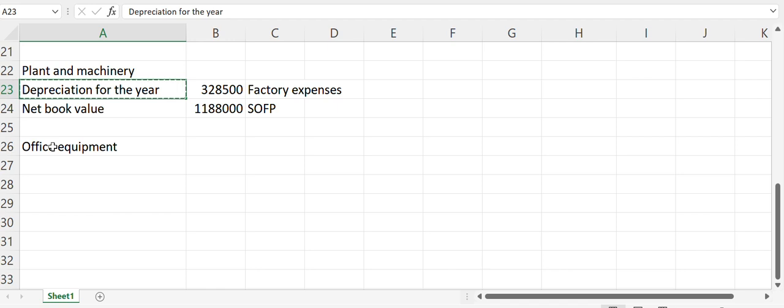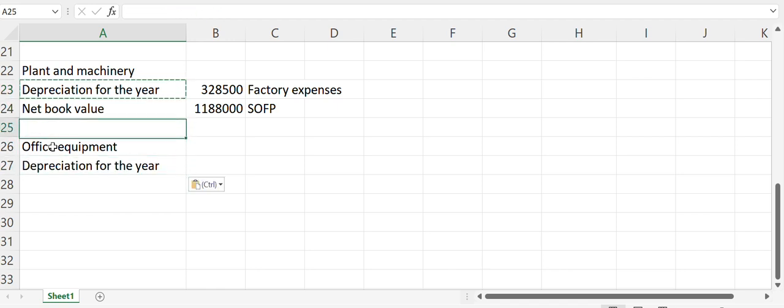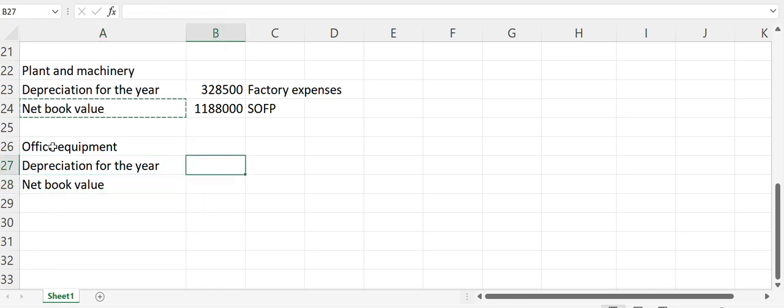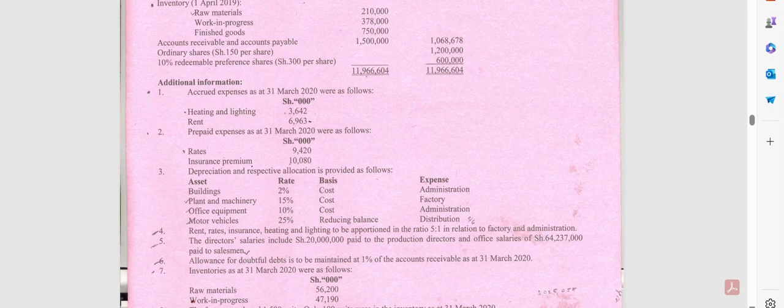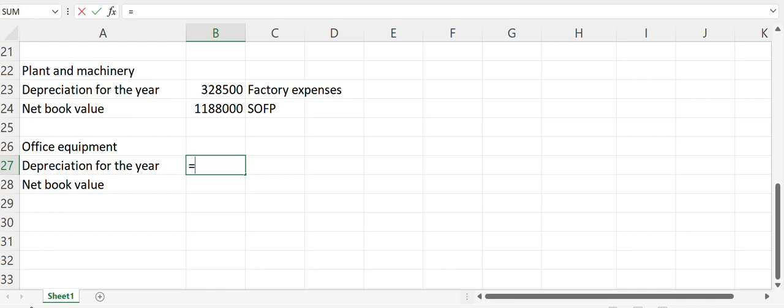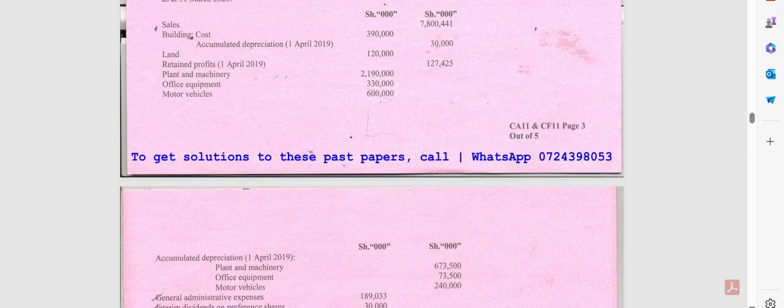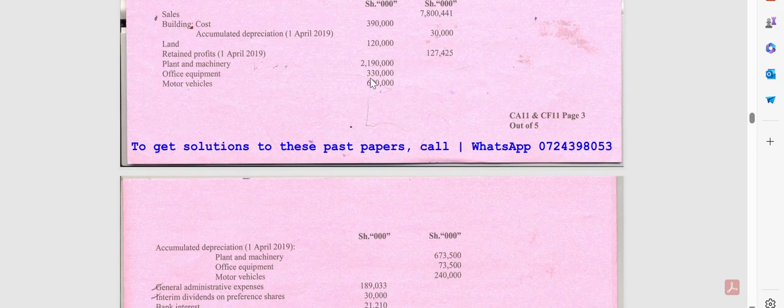So we compute depreciation for the year, and we also compute the net book value. So for office equipment, what is the rate? The rate is 10%. So we ask ourselves, what is the cost? Go to the trial balance. Office equipment, the cost is 330,000. Here it is, 330,000.